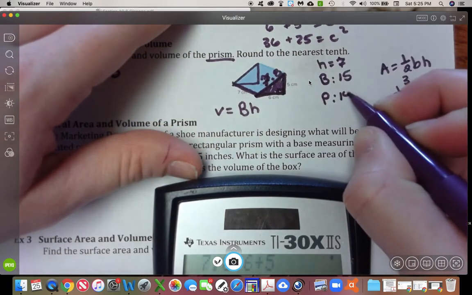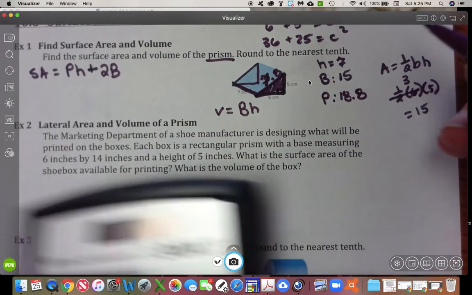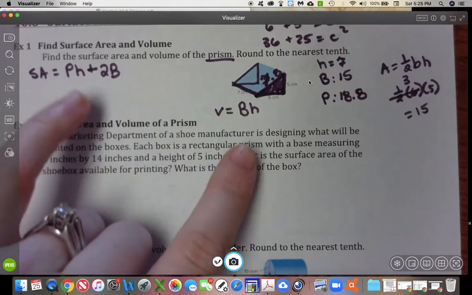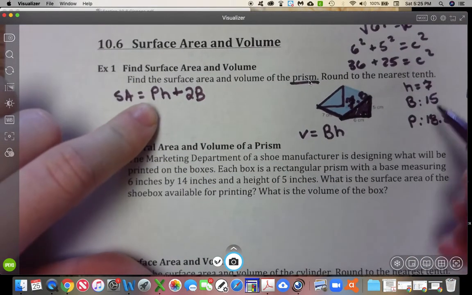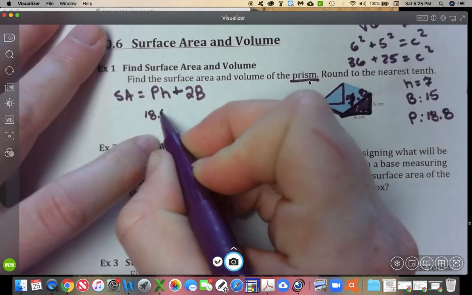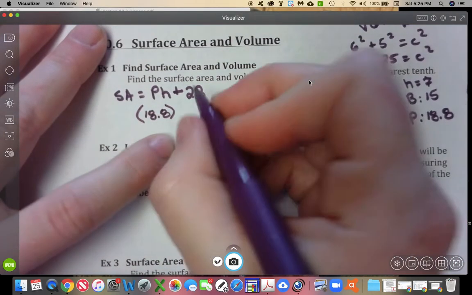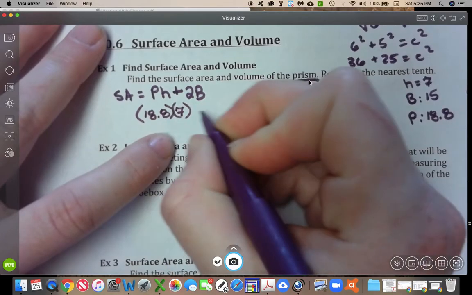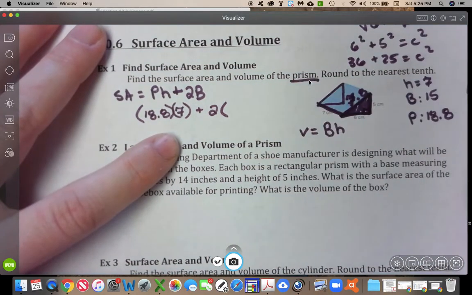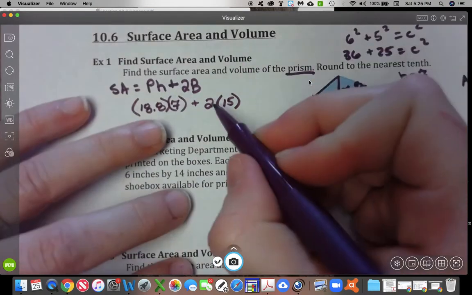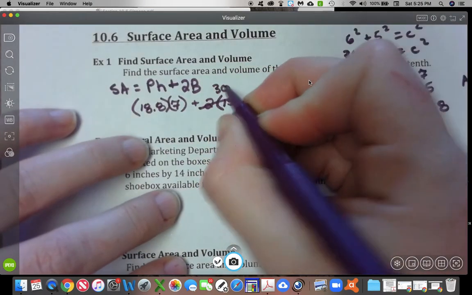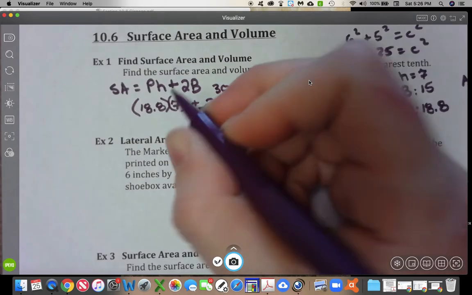All right, so now that I know all of my variables that I'm going to need for both of these equations, I'm just going to go ahead and plop stuff in. The perimeter of the base, we said, was 18.8. The height was 7, plus 2 times capital B, which is 15. Now I can try to do some of this stuff in my head, like I know 2 times 15 is 30. The rest of it I'm going to type in.